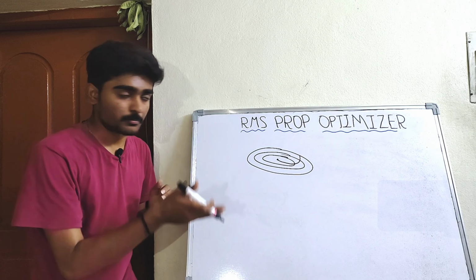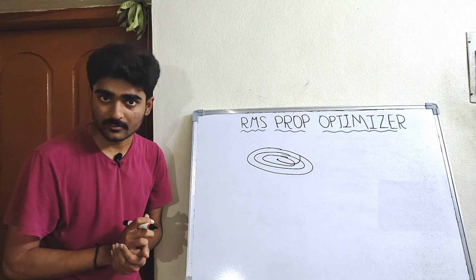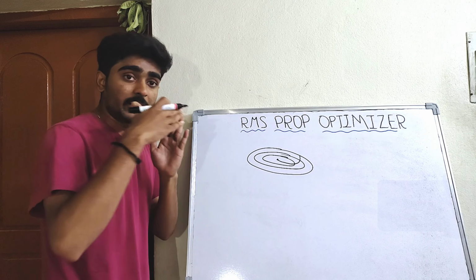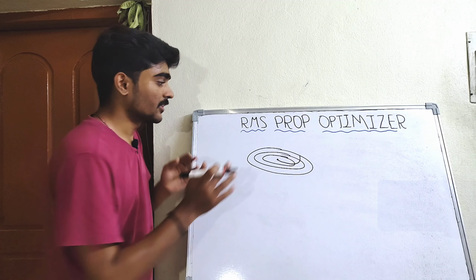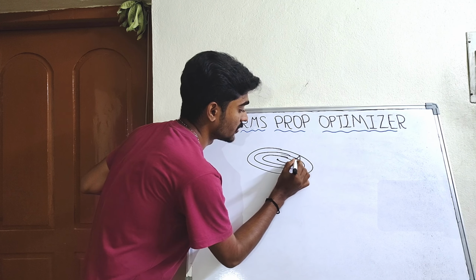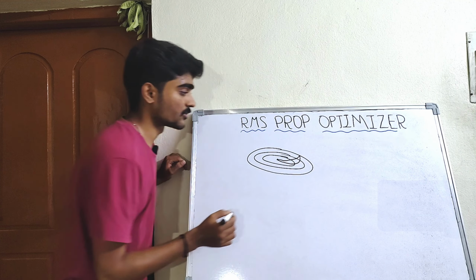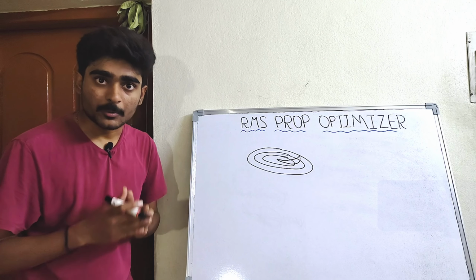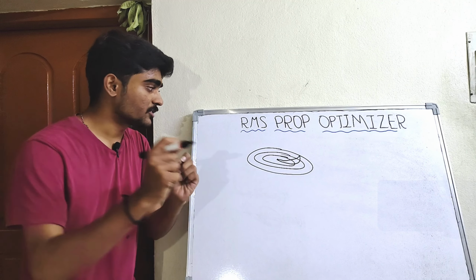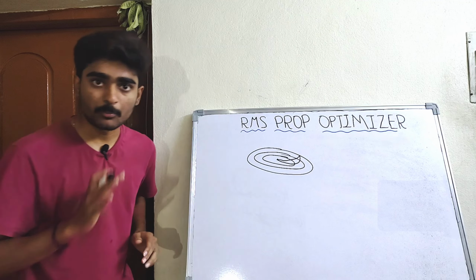Due to this path, the training time increases. After introducing the AdaGrad optimizer, this curvy nature has been decreased. The AdaGrad optimizer is choosing the shortest path to reach this global minimum point.